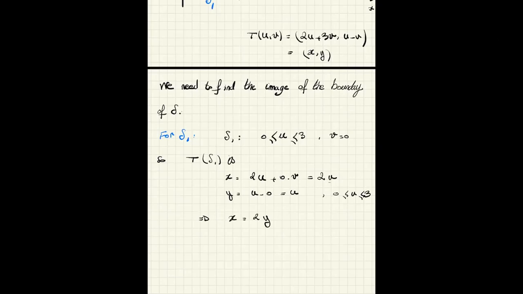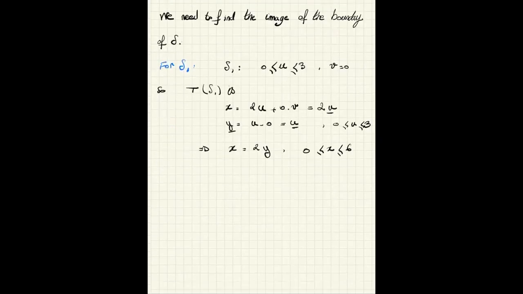And if U is between 0 and 3, 2U is between 0 and 6. So that's a line, right?